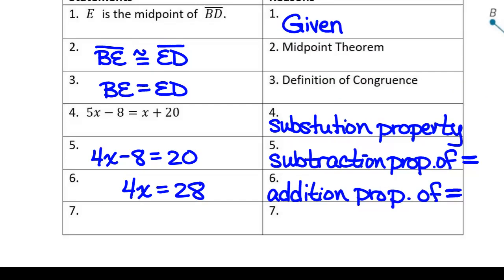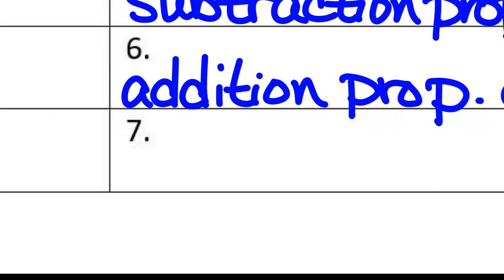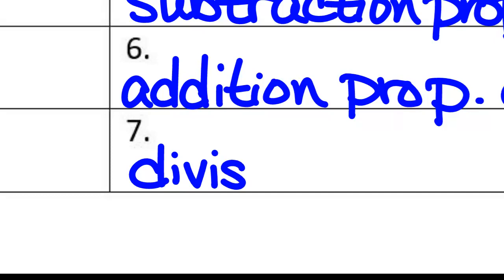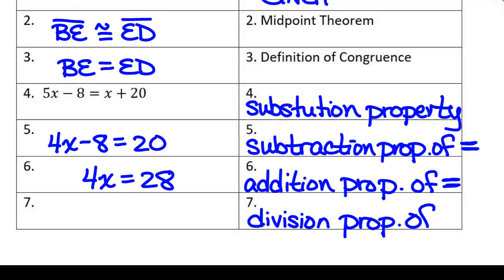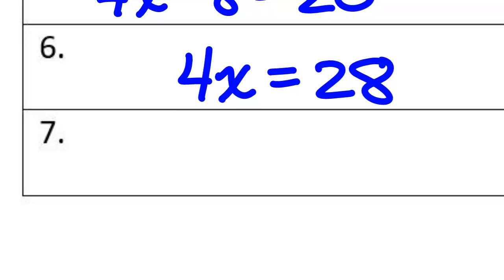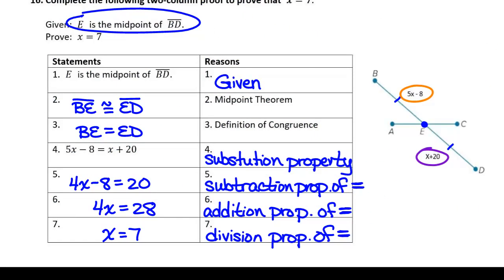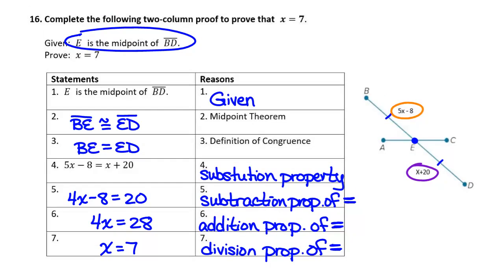What would I want to do after that to get x all by itself? Divide. So we are using what property? Division property of equality. And if I divide both sides by 4, I get that x equals what? X equals 7. Nicely done.